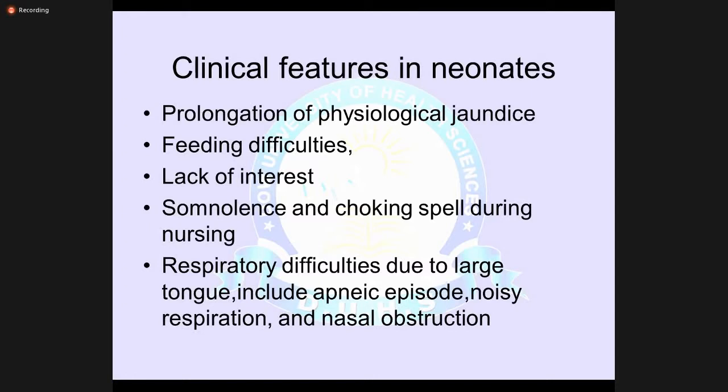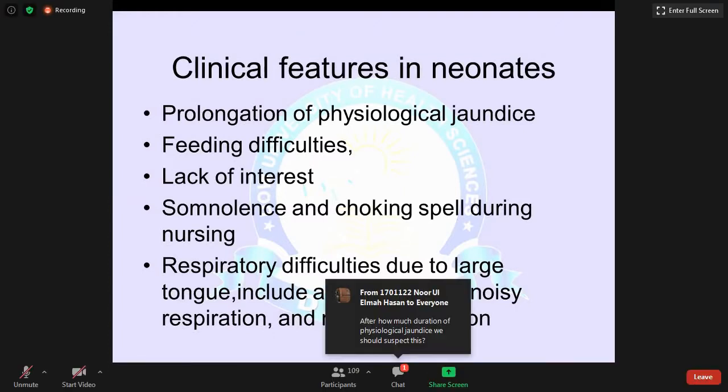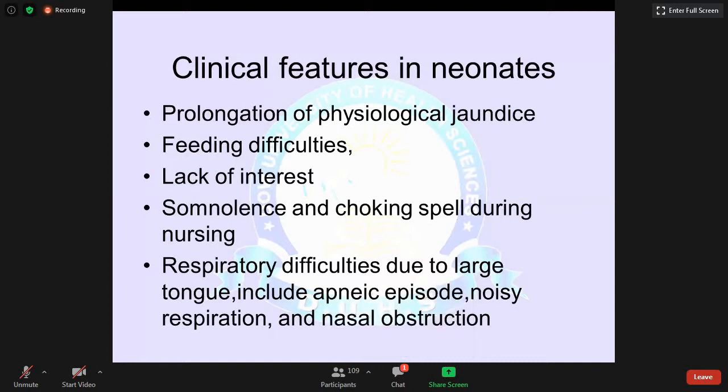It is a cessation of breathing for 20 seconds or more, with or without bradycardia or cyanosis. So in babies with neonatal congenital hypothyroidism, you may see respiratory difficulties due to large tongue, including apneic episodes, noisy respiration, and nasal obstruction.